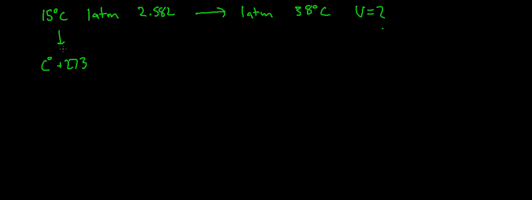So I take 15, add 273, let me get my calculator out. This is 288 degrees Kelvin. And over here, I might as well just convert this one right away as well. This is going to be 311 degrees Kelvin.